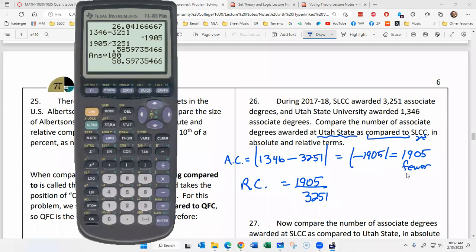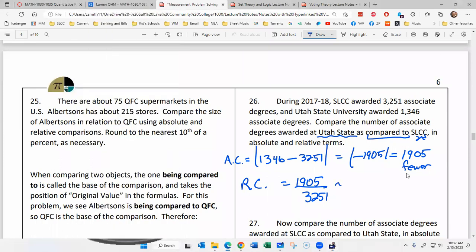I don't know the rounding. It doesn't say what the rounding is. Now we can say that Utah State awards 58.6% fewer associate degrees than Salt Lake Community College. So we have the exact number and a percent as well.